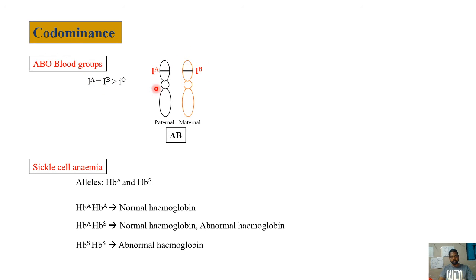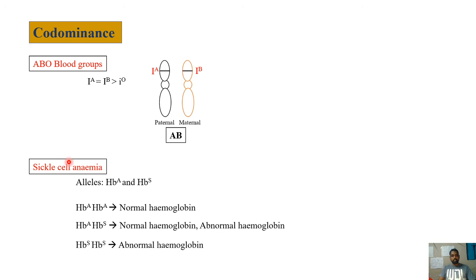This is how the genotype will be: IA IB. When the person has both alleles, the blood group of the person is AB, because both are co-dominant, equally dominant. But these two are dominant over i. So codominance can be seen in the ABO blood grouping between IA and IB.